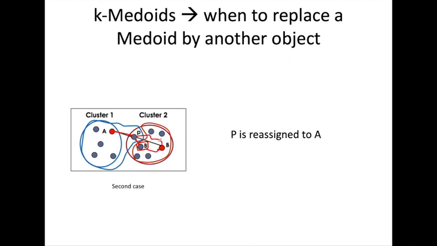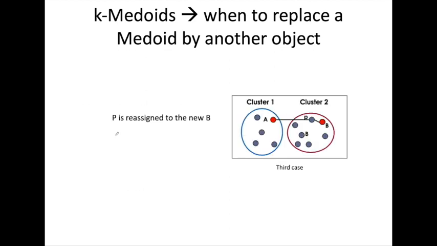The distance to this representative point is going to be bigger than the distance to the representative point of cluster 1. So in that particular case, we will have to replace. Now we are going to be changing this point P from cluster 2 to cluster 1, because it's improving, and then we will be decreasing the cost of the solution, or the error. Sometimes we call that the error.